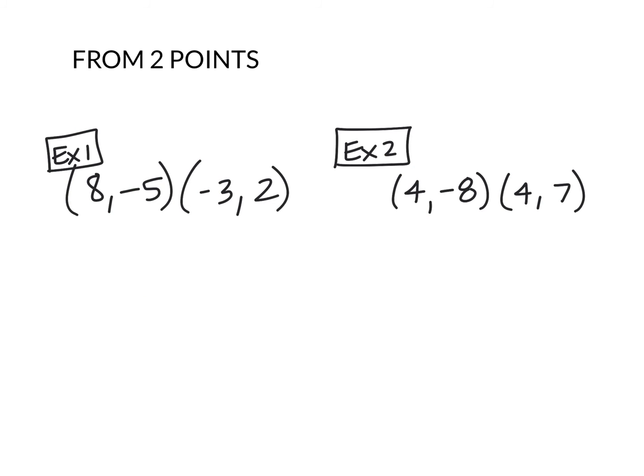All right, and then lastly for this video, we're going to talk about finding the slope from 2 points. And this should be a formula that you're familiar with, but it's probably been a while since you've seen it. It's the same concept. The slope on the top is always the change in y. So instead of saying the vertical change or the change in y, we have an actual formula, and that is y2 minus y1.